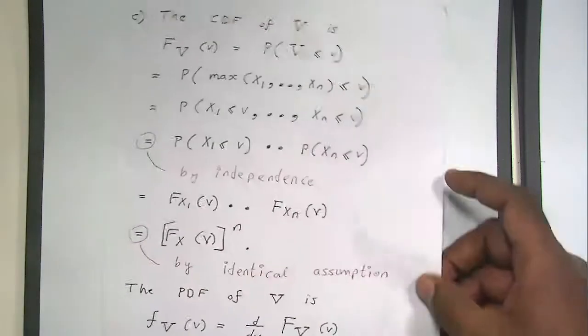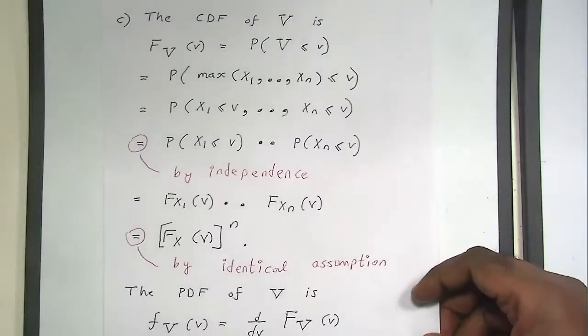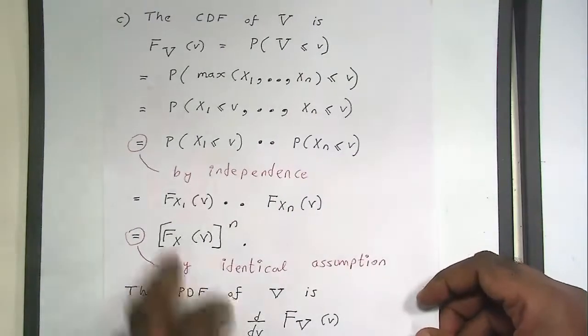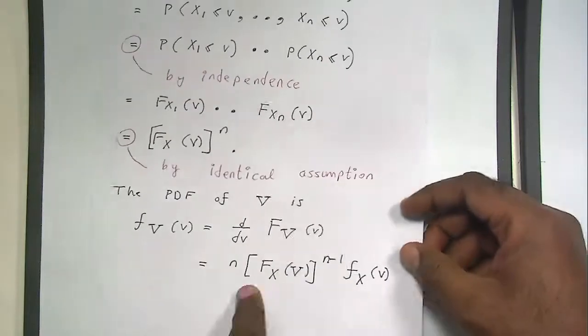And then I computed the CDF of V. Remember, V is the maximum portfolio loss, and it turns out to be this, and the PDF turns out to be this. That's case 1.